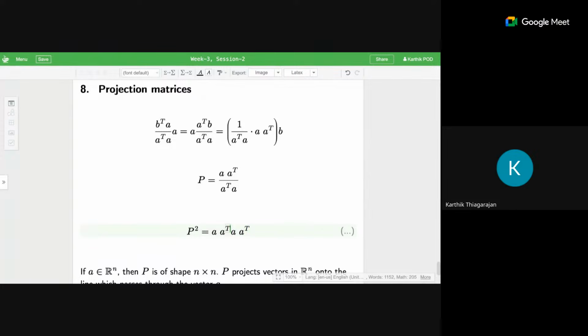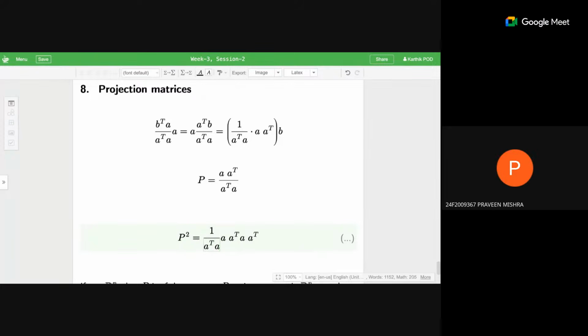And in the denominator, you will get 1 by A transpose A whole squared. One of these will become A transpose A, that will go out. So you'll end up with, once again, A transpose A, which is again P.